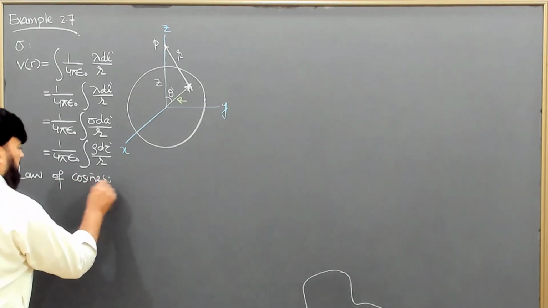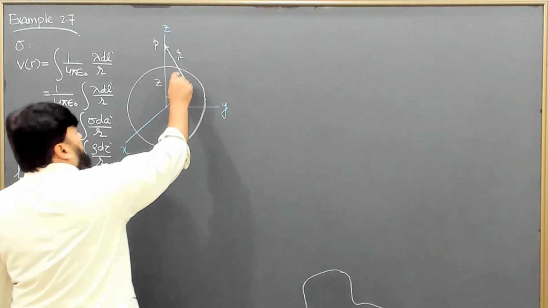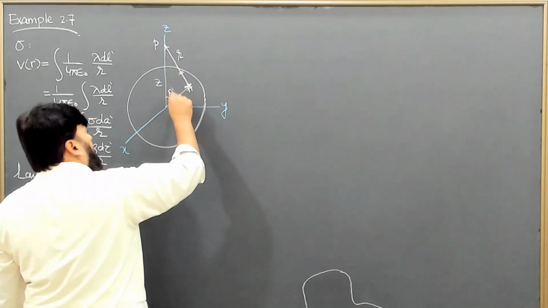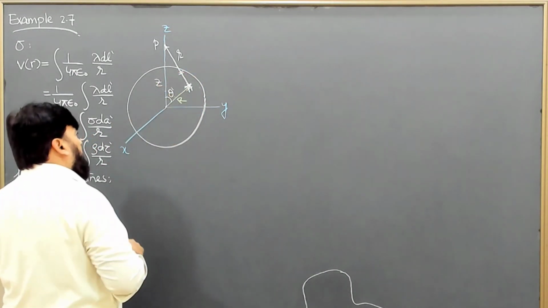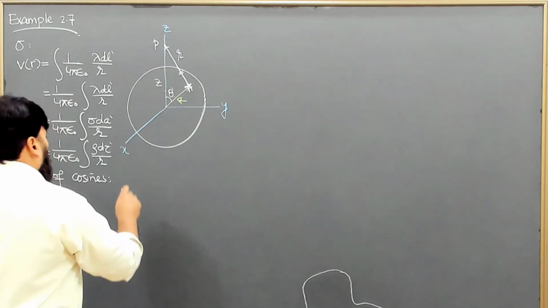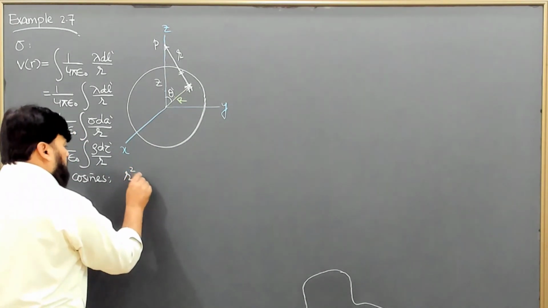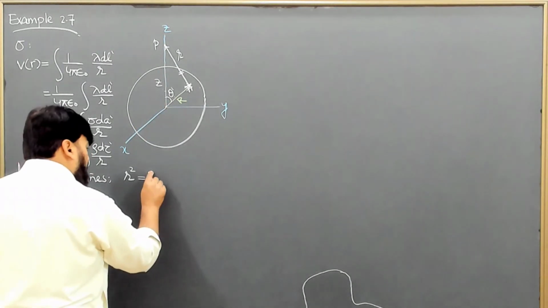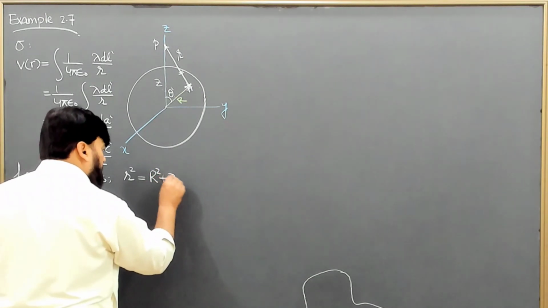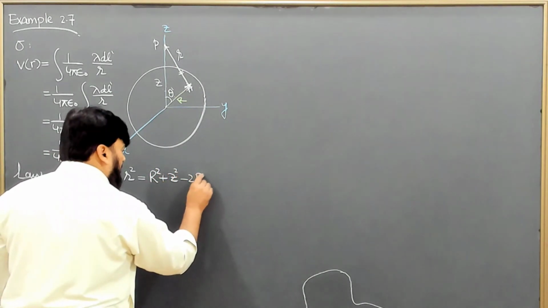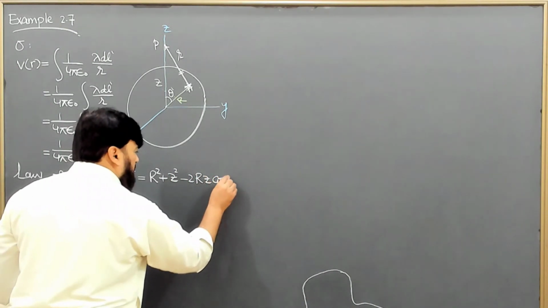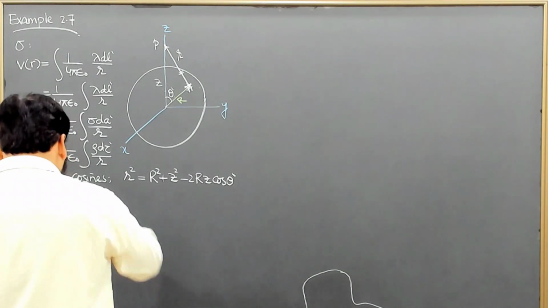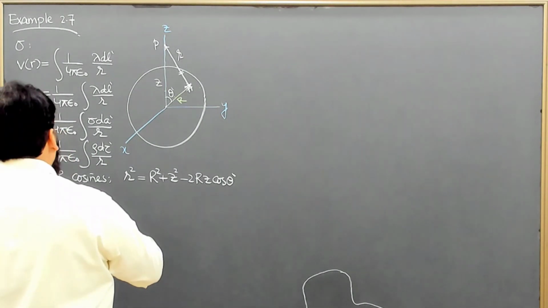In one of the examples, we derived that if this is the length that I am finding, and theta prime is the angle between the two lengths z and r, then I can write tilted r square equal to r square plus z square minus 2rz cos theta prime. So this is the law of cosines. We have already derived this one.